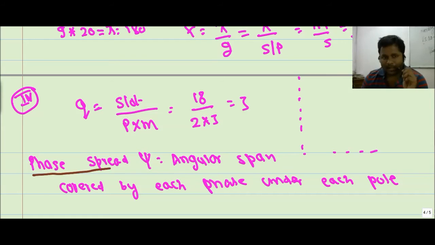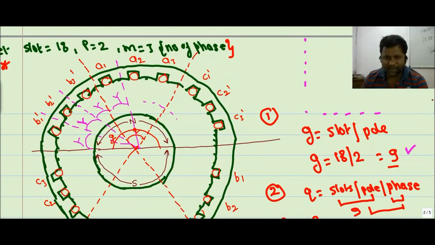The phase spread xi is the angular span covered by each phase under each pole. Here in the north pole there are 3 phases: the phase A, the phase C dash, and the phase B, A, B, C. But the angular span covered by each phase under each pole.